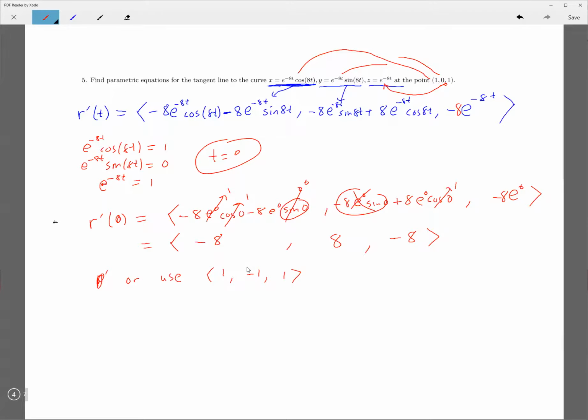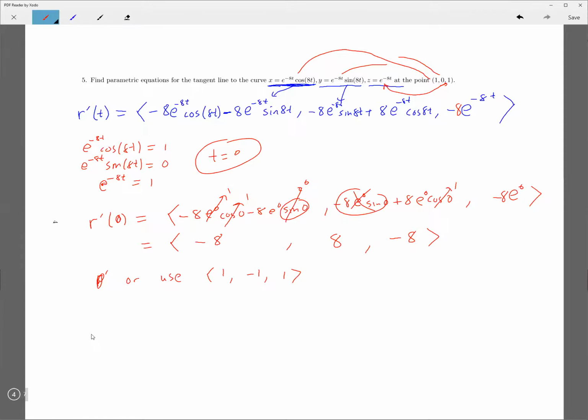That points in the opposite direction, but I think that's okay. It might be distorting the message of this, but I think it's still going to be okay. Or we can just use the original here, either way. And so this is the direction vector of the line, and then this is the point on the line.